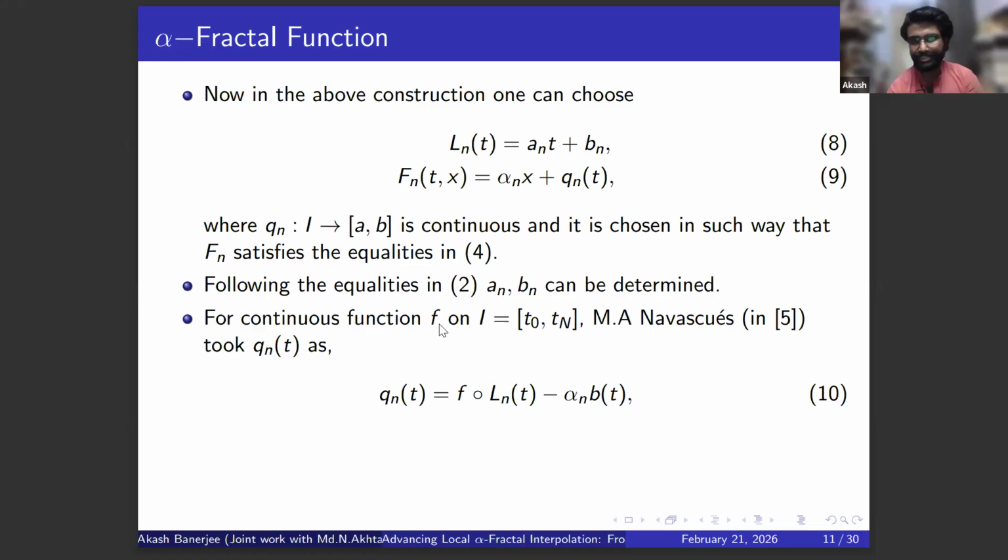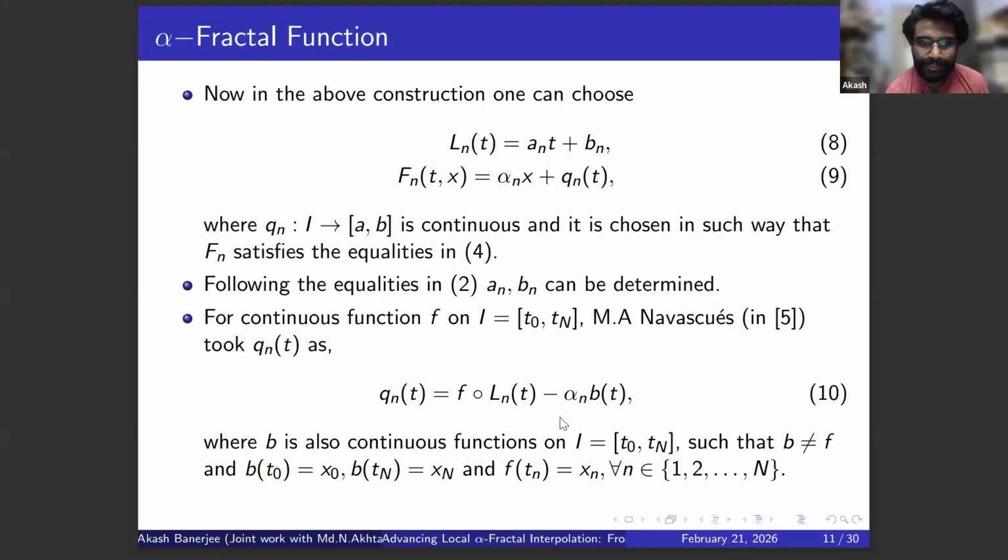So first we take a continuous function f on the interval [t0, tN], and qn(t) is then defined like this, which is f composed with Ln(t), minus alpha n into b(t). Alpha n are the contraction ratios of Fn, and this b(t) is called the base function.